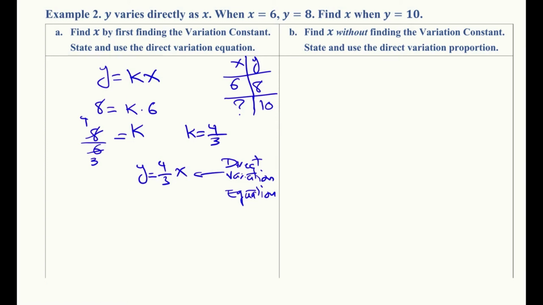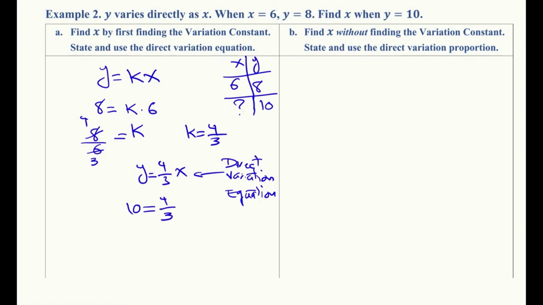So now we're trying to find x when y is 10. So here we plug in for y, so we get 10 equals 4/3 x. Remember, we're substituting 10 because that's what we're given, and we're going to find out the corresponding x value, and we'll be done.